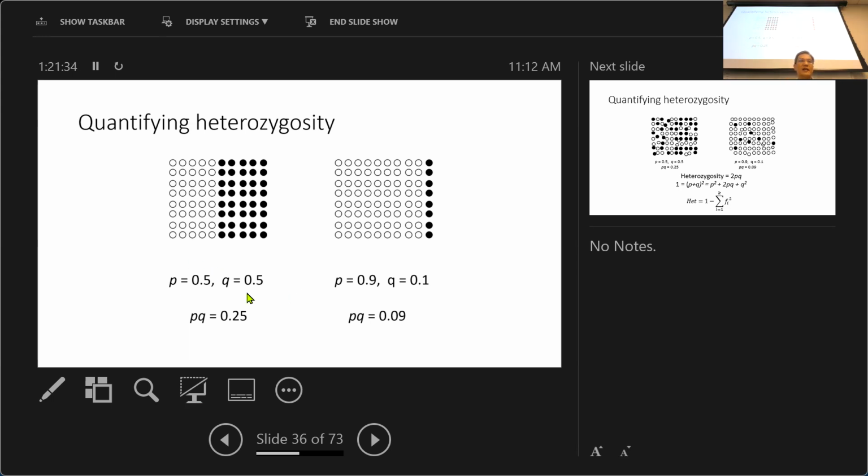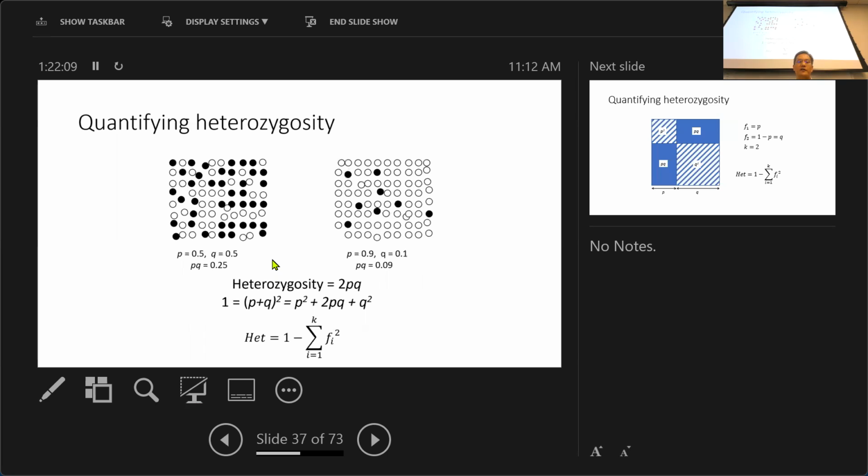If this biallelic SNP has 50-50 between two opposite mutation states, 50 A, 50 C among the population, then regarding this particular SNP, the population reaches the highest possible heterozygosity. Since if you pick two individuals out of the population, they look different from each other, the probability is the highest.